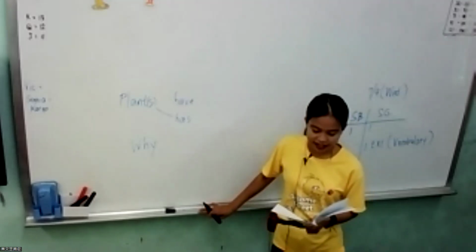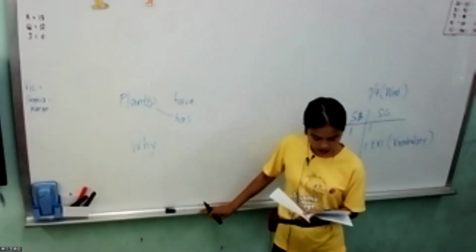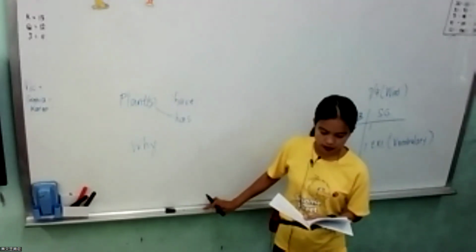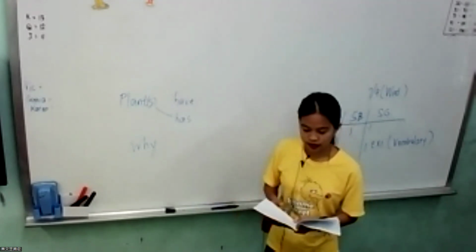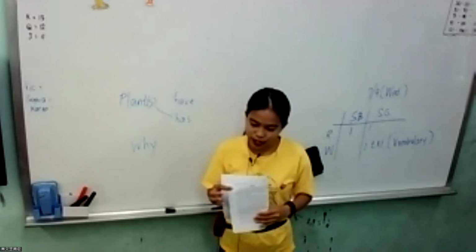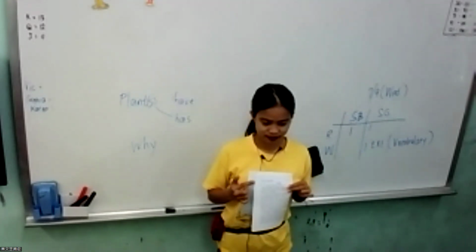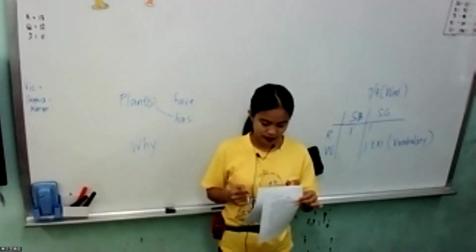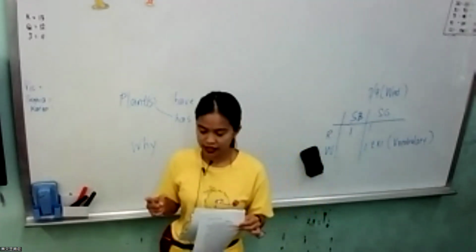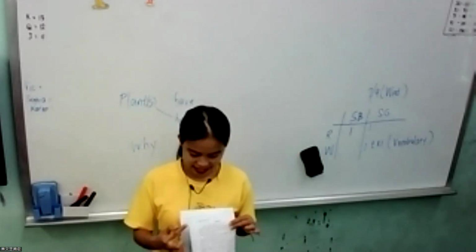Which five things make a habitat? The reading, where is it? Which five things make a habitat? Different habitats?